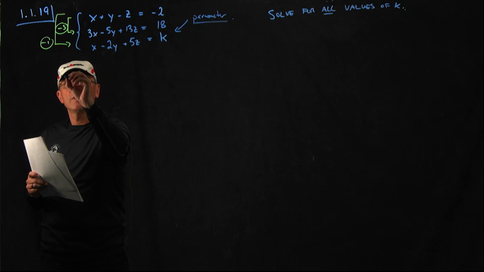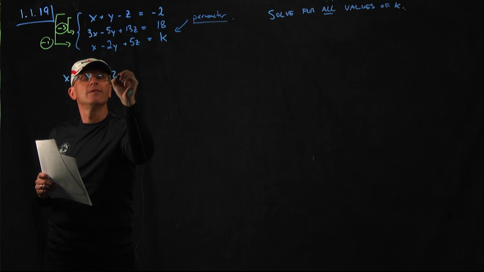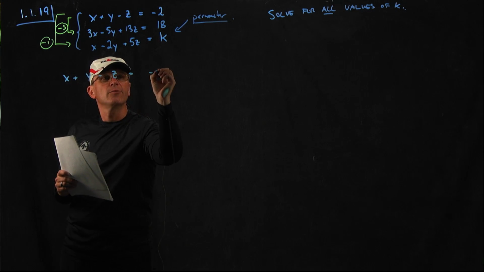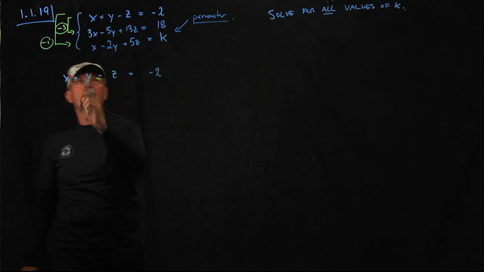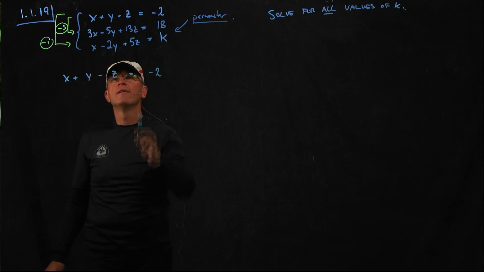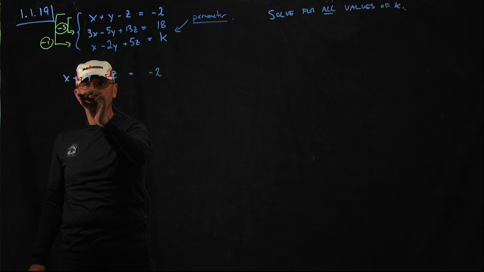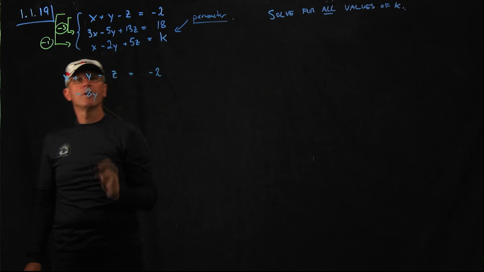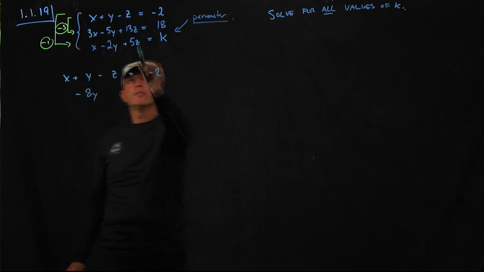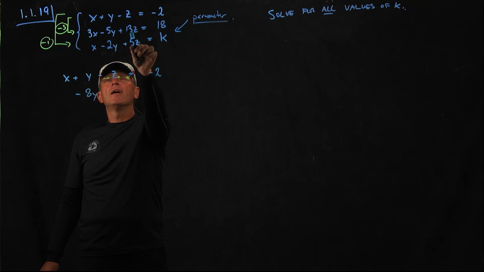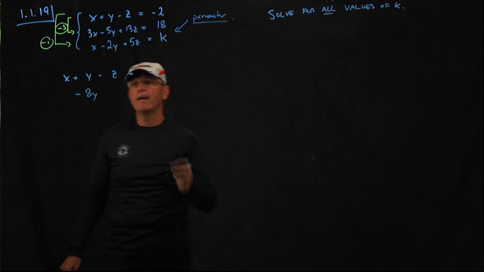So the first equation stays. X plus y minus z equals -2. Of course, the x values go away. We have negative 5 minus 3, so we have negative 8y. Then we have 13, subtract 3 times negative 1, so we end up adding 3, right?